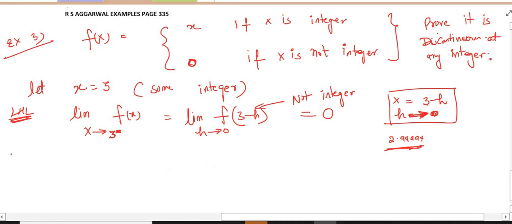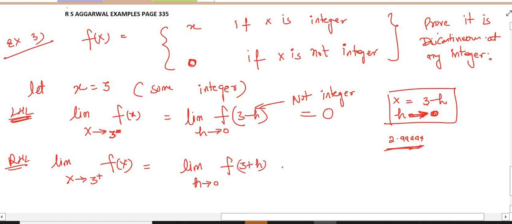Let's calculate RHL. In RHL we take limit as x tends to 3 plus, remember, very close to 3 but a little bit more than 3. So this is f(x). Again I am using the h method. So here h is tending to 0, f of what x will be replaced by? 3 positive. 3 positive means 3 plus h, a little bit more than 3, correct?